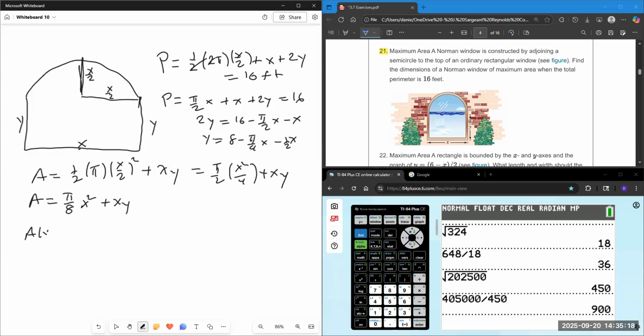So A of x is pi over 8 x squared plus x times 8 minus pi over 4 x minus 1/2 x. Let's distribute. A of x is pi over 8 x squared plus 8x minus pi over 4 x squared minus 1/2 x squared.